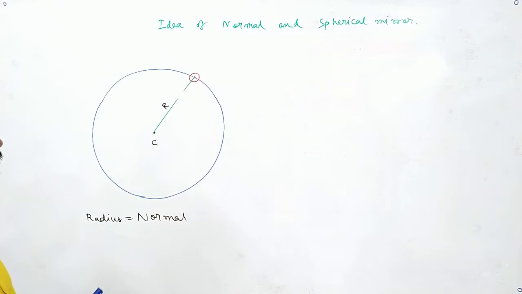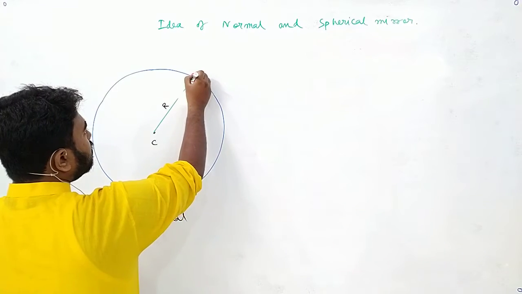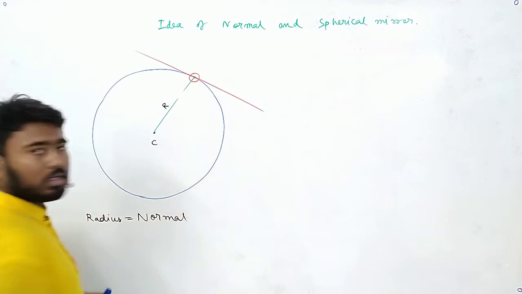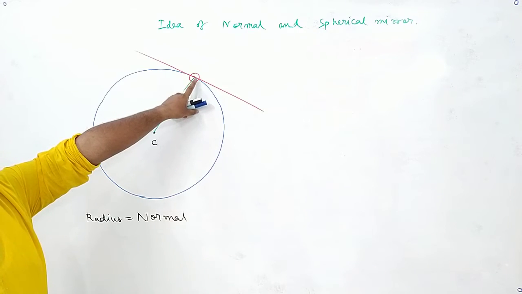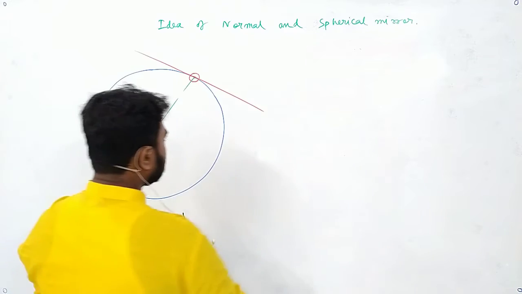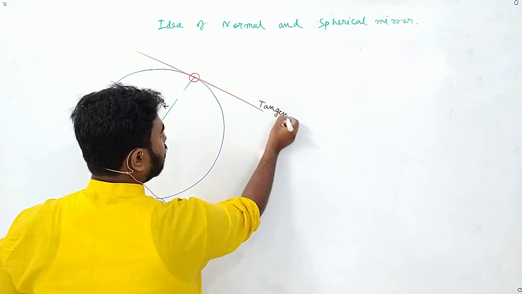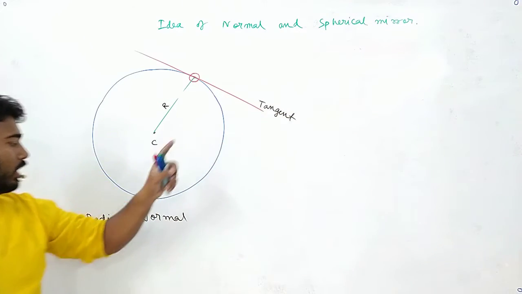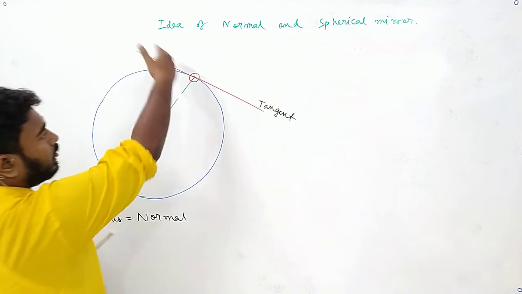Now if we draw a line which will just pass through this point by just touching only this red dot, then we will call this as tangent. Now can you tell me, if this is the tangent and this is the radius, what is the angle between tangent and radius?